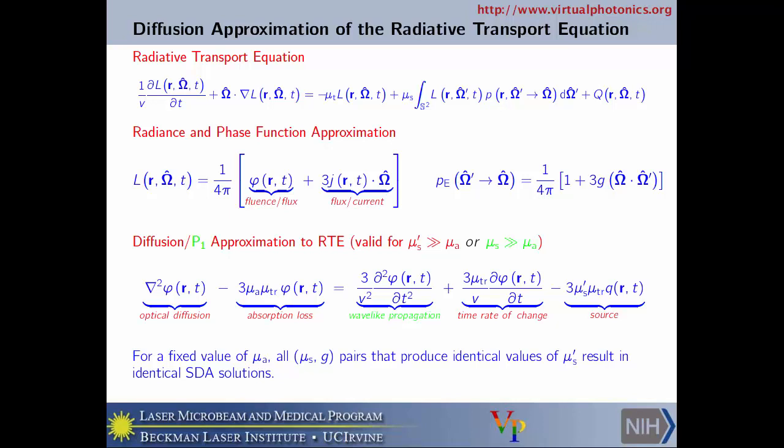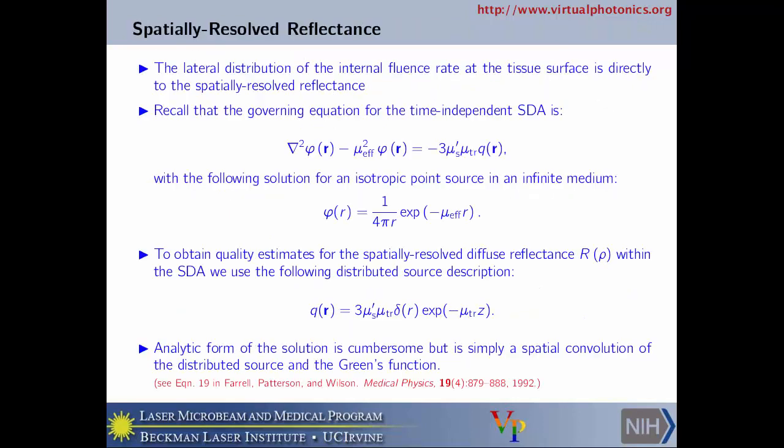You get this diffusion-like equation, but it is different from diffusion because you have an explicit loss term, which you don't have in diffusion, and you also have a wave-like propagation term, which is also absent in diffusion equations. And of course, in this P1 or diffusion approximation, since you integrate over all angles and you integrate both the radiance as well as the first moment of the radiance, you lose all information with respect to the anisotropy of the scattering function.